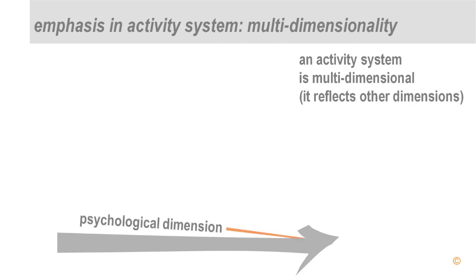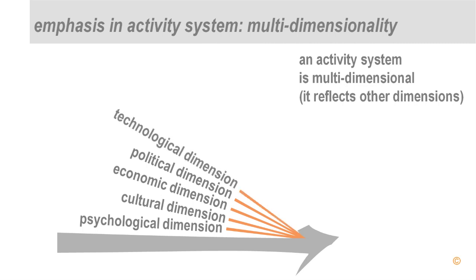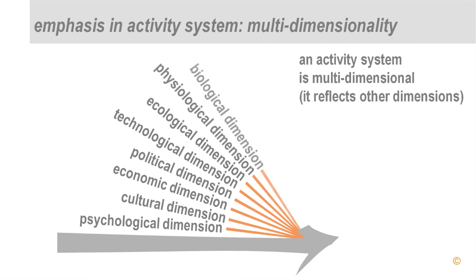There's a particular psychological aspect to work, a particular culture that reflects that work, its own economic dimension and its political dimension, and it has a technological dimension, and it has impact on the ecology, physiology, biology, and so on. So each activity system reflects some or all of the other dimensions, making it multidimensional also.